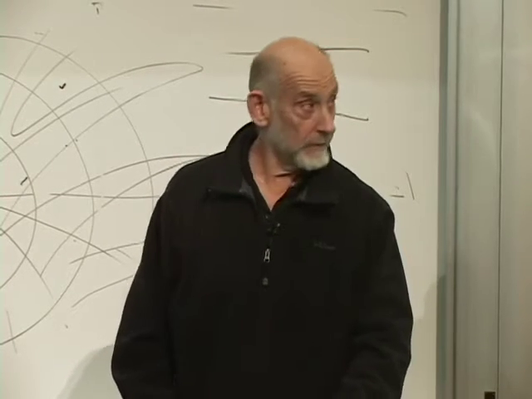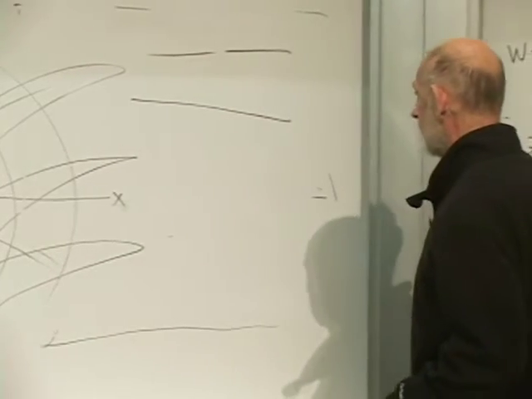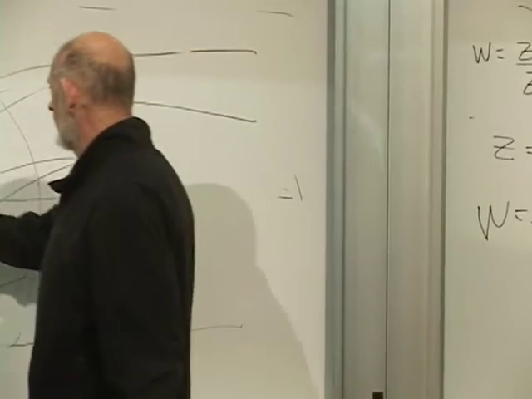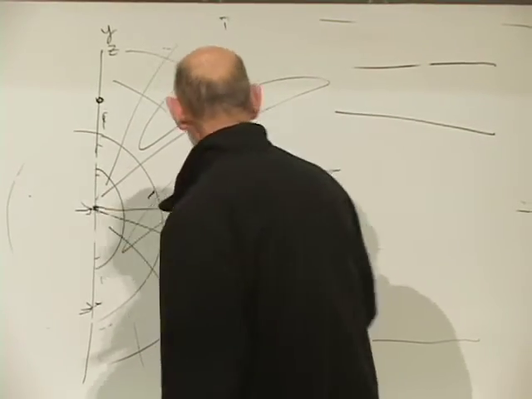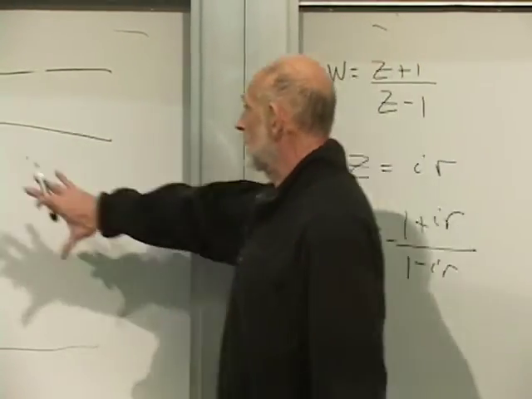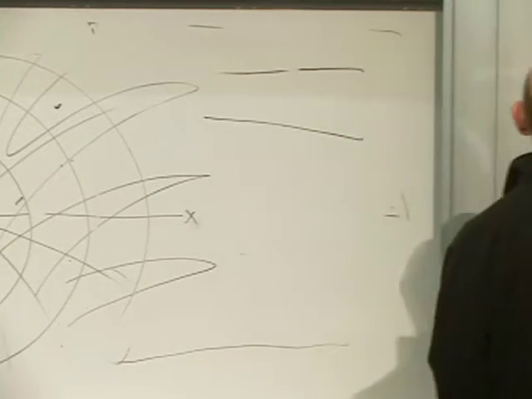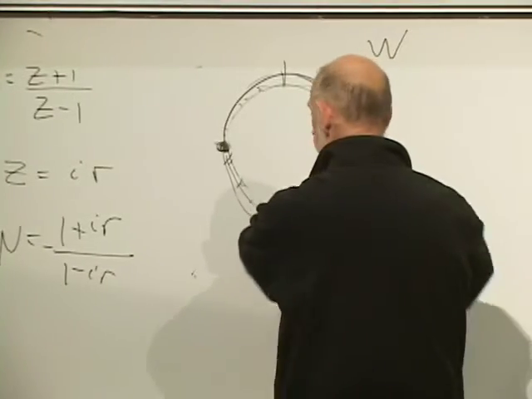Which was the radials? The radials on the left, the spokes going out, which set of curves did they go to on the right? The spokes going out here, they begin at this point. This point is that point. Infinity, let's see, z equals infinity, that's w equals 1. That's over here.